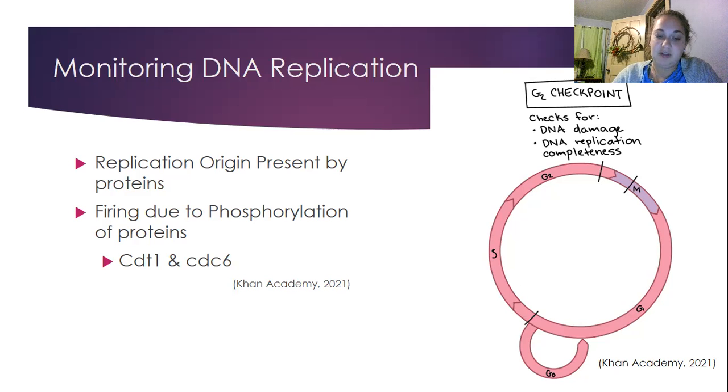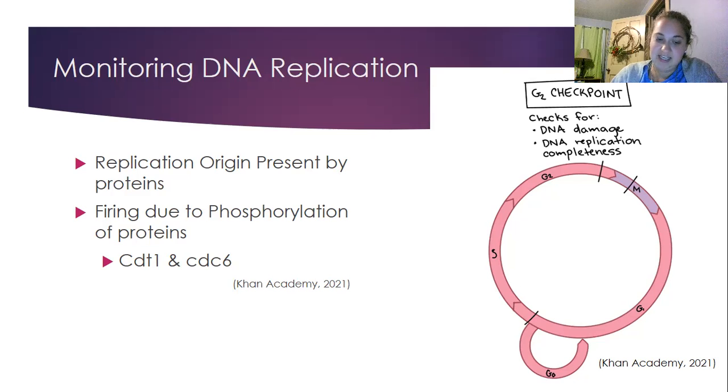Therefore, the phosphorylation is needed to ignite replication. So it's just going to speed it up. It really just starts it, it's firing it up. Although it can go through degradation of proteins, which stops the replication origin from refiring. So that's why it's a one and done deal.